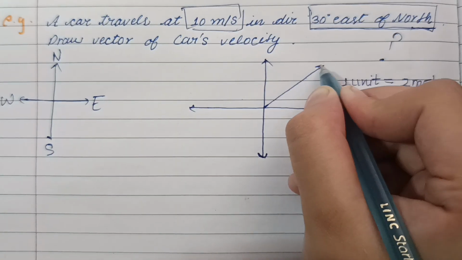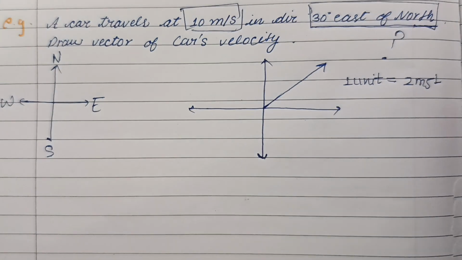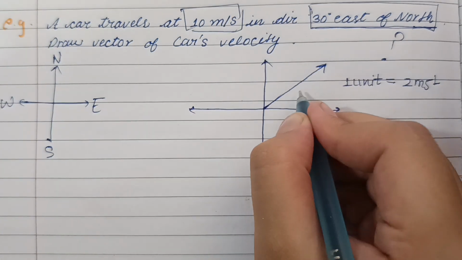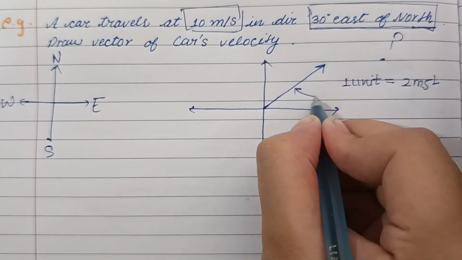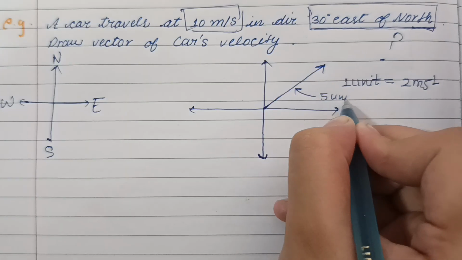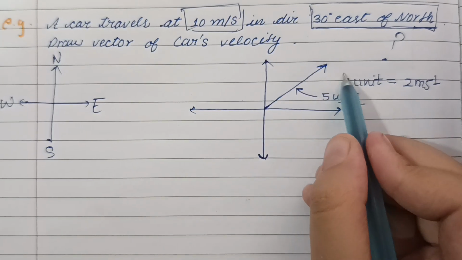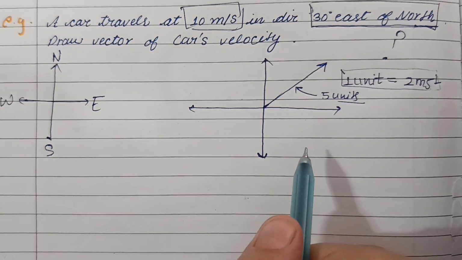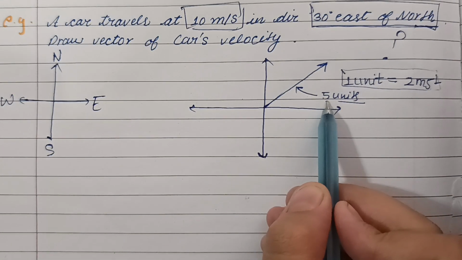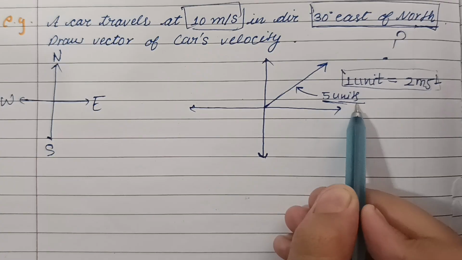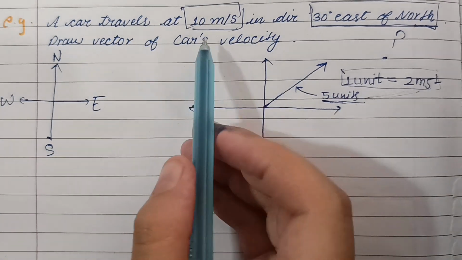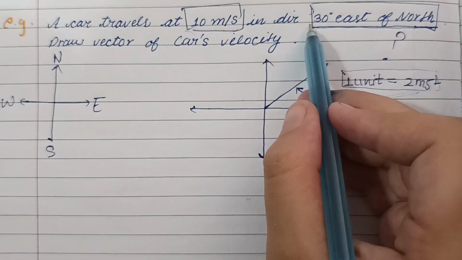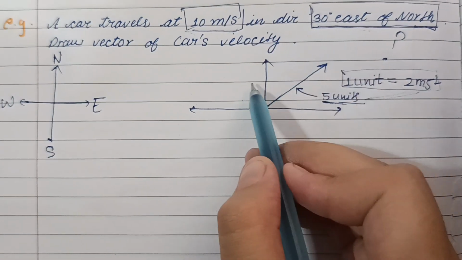Let's say it's this, not going with the angle yet. Let's say we write this vector as 5 units. Why? Because the scale is 1 unit equals 2 meters per second, and here 5 units will represent 10 meters per second. That is the magnitude.